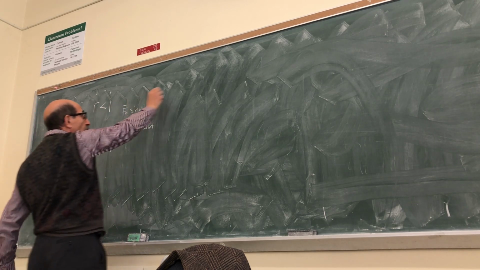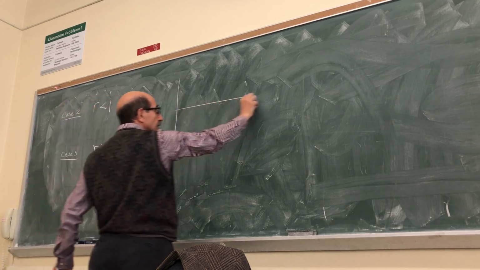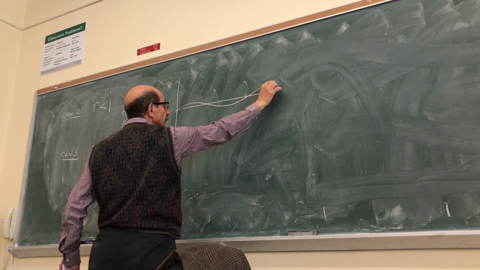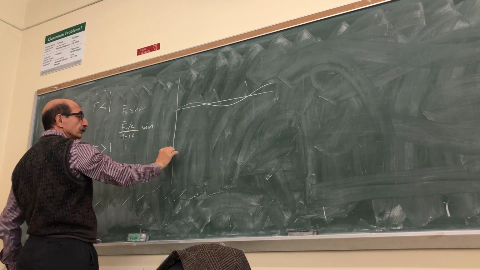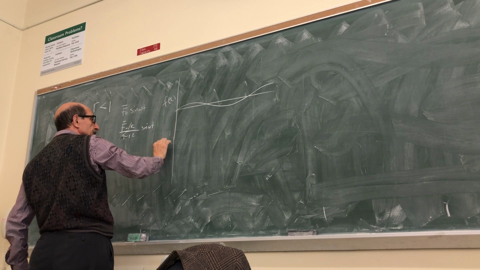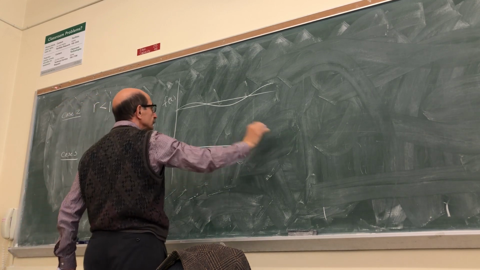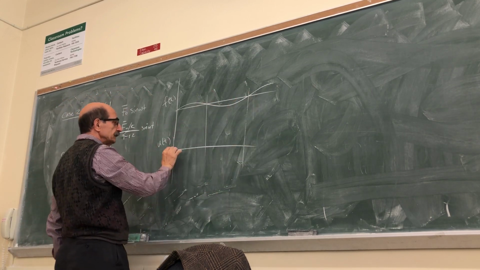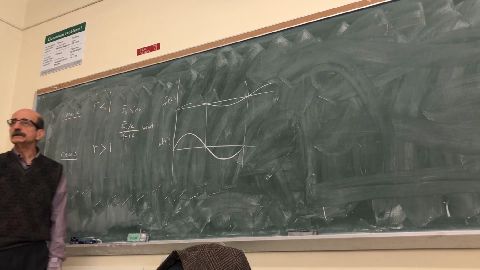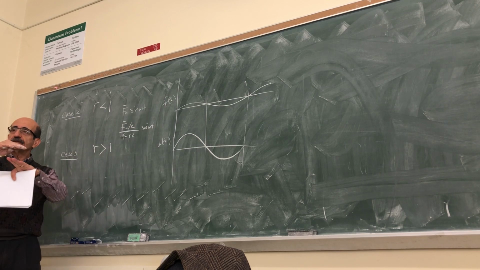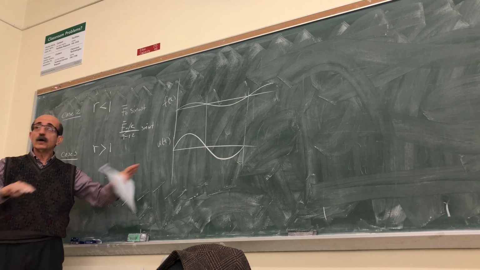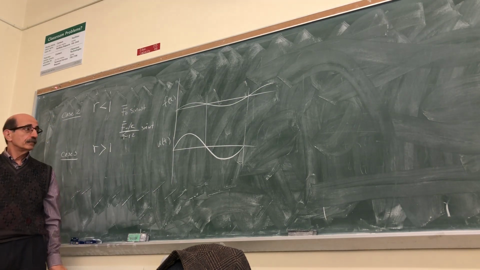So if R is less than 1, and this is f of t, this is u of t, the response would be in phase with the forcing function. As the amplitude of the forcing function grows, the response also grows in the same direction.